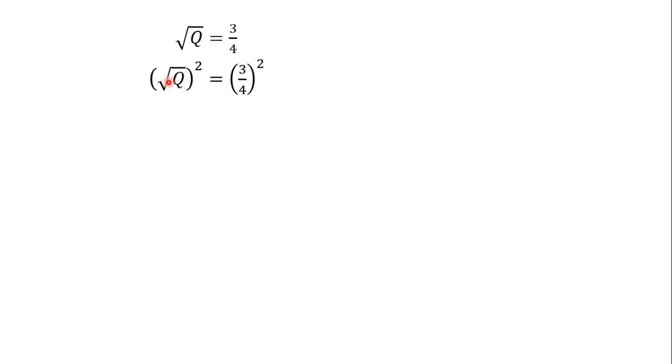If you square the square root of Q, you are going to have Q, and the square of 3 divided by 4 is 9 divided by 16. So Q is equal to 9 divided by 16 when P is equal to 30 and R is equal to 9.